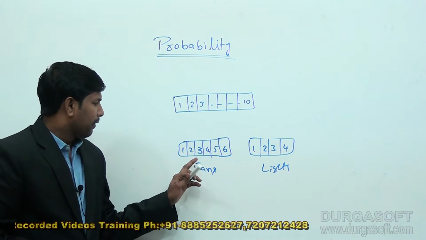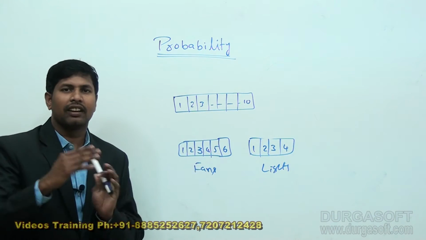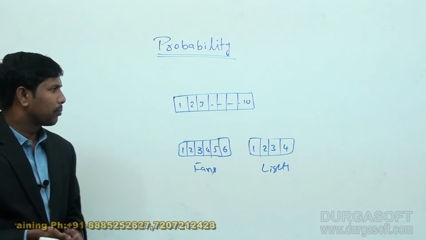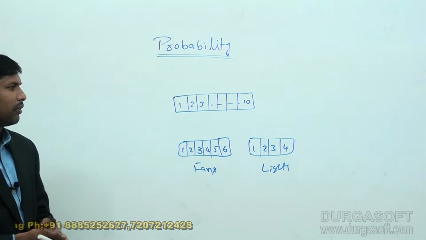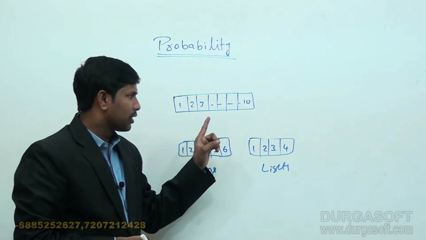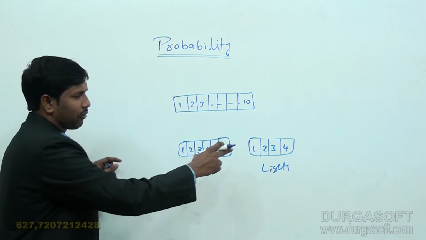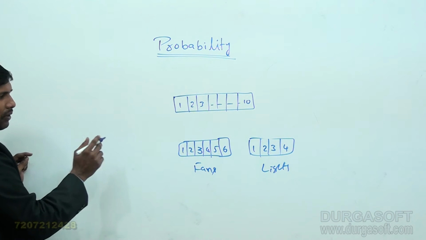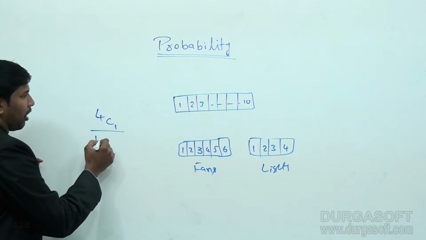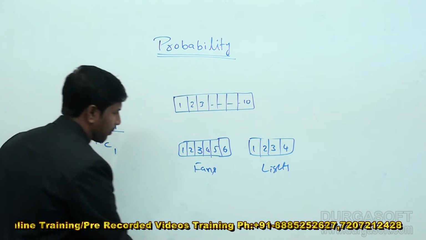These 10 switches are connected to each and every fan and light. When we switch on one particular switch, what is the probability of getting a light? Here we are expecting a switch which is connected to a light. There are 4 switches connected to lights, so we can select any one of them. So 4C1 out of a total of 10, we can switch on any one. So 4C1 by 10C1.